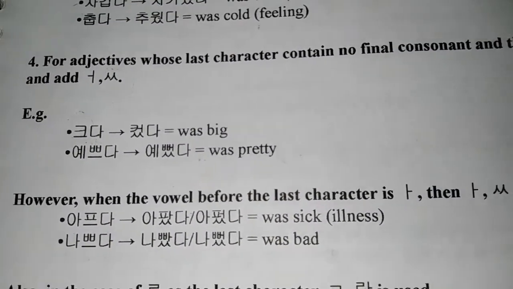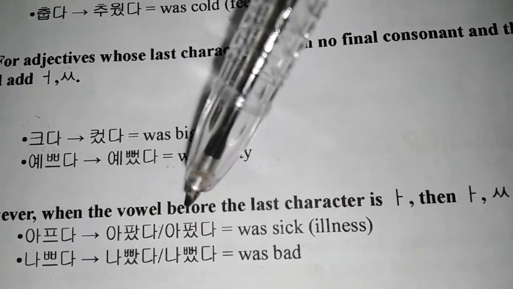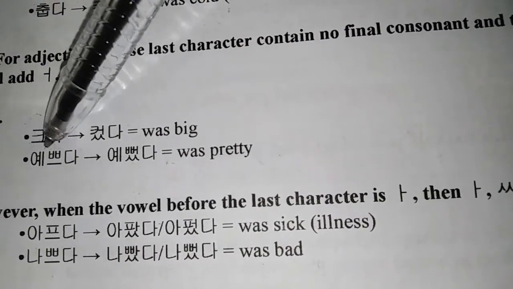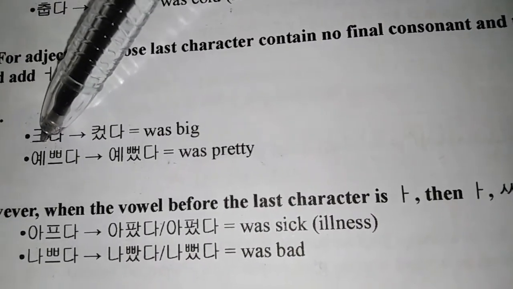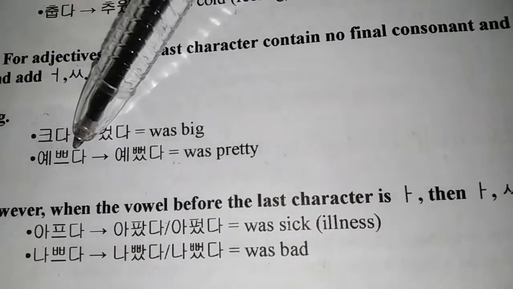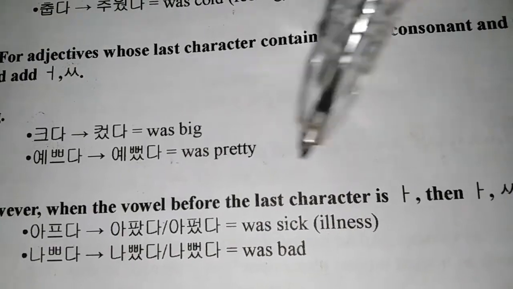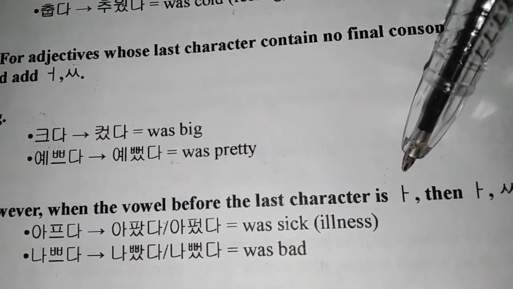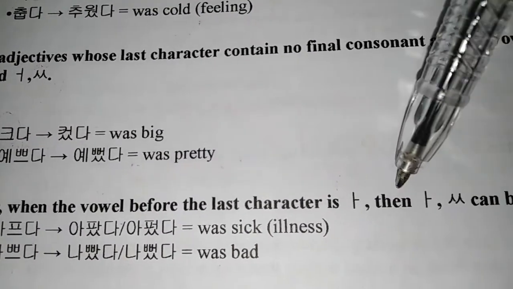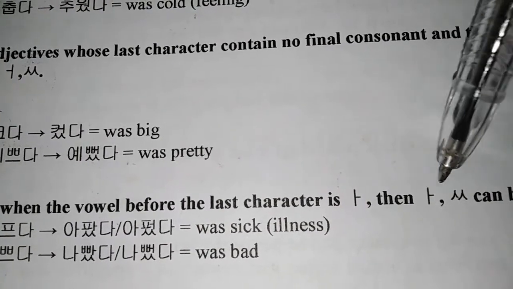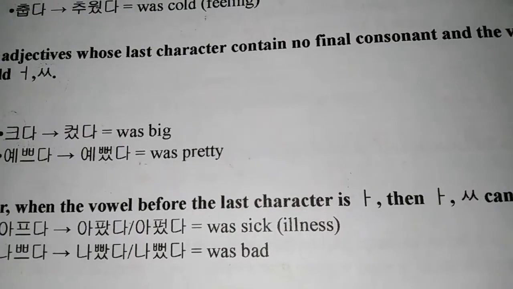But if the last vowel is ㅡ, and you have some other syllable before that, and in that syllable the vowel is ㅏ, then in that case you would take off the ㅡ and add ㅏ and 쌍시옷. Yes, it's confusing.